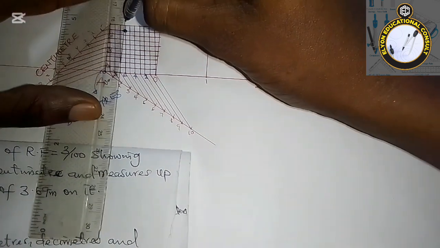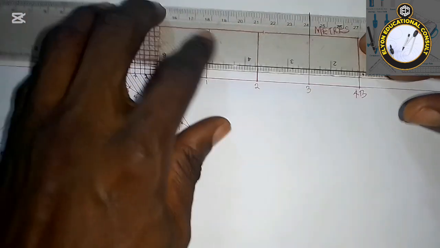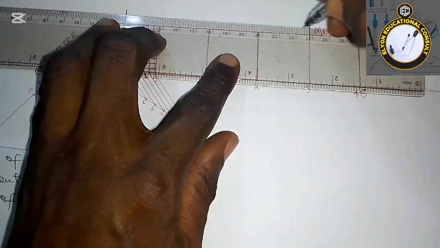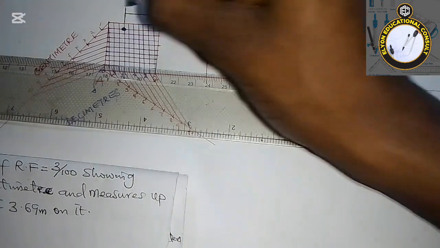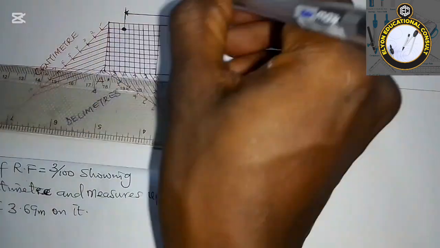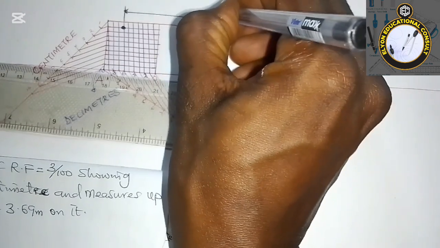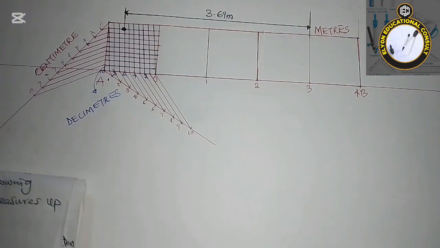So we can have this. This is my 3.69 meters. I hope this is clear. Let me take that again.